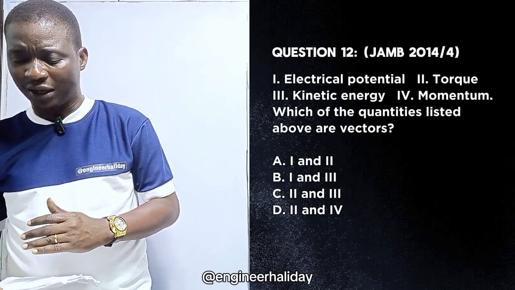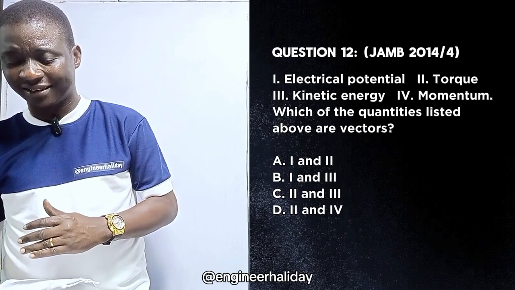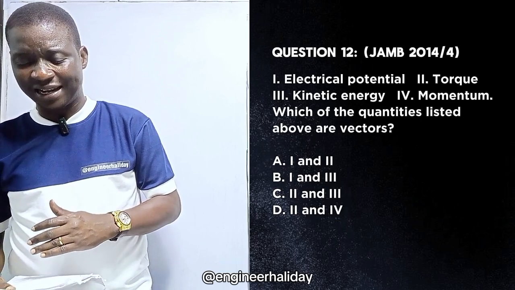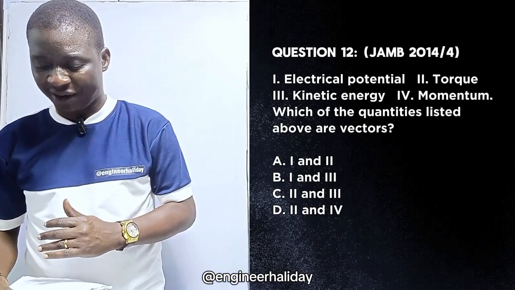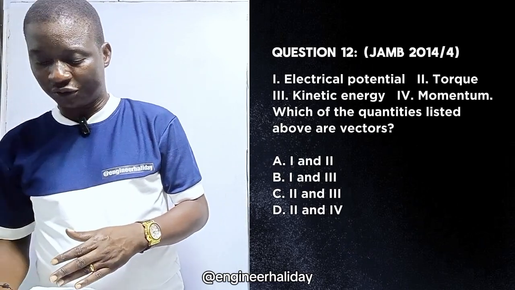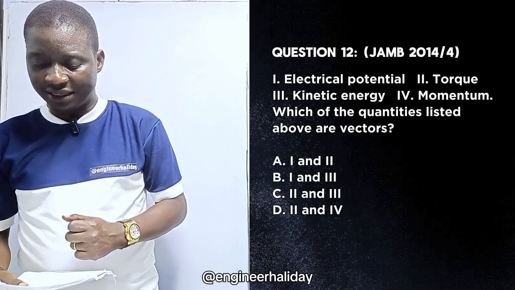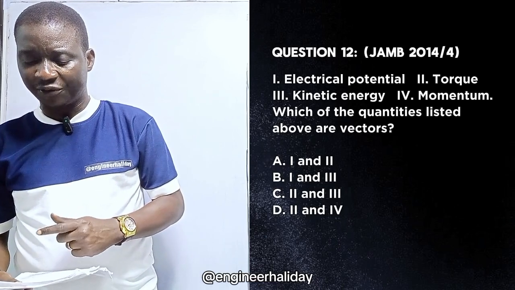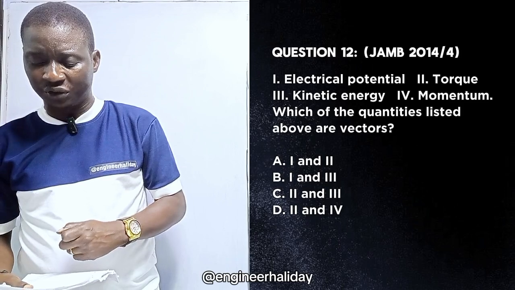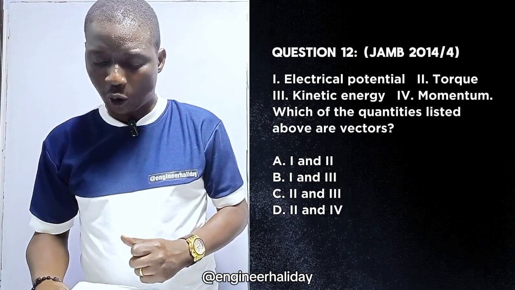Number 12, he said electric potential, Roman figure 1. I think this question will be answered very similar to the question we solved in number 4, 1988, number 5. Go and check the question. It's the same thing, so I will not waste time there. Number 12: the electric potential, Roman figure 1; torque, Roman figure 2; kinetic energy, Roman figure 3; momentum, Roman figure 4.